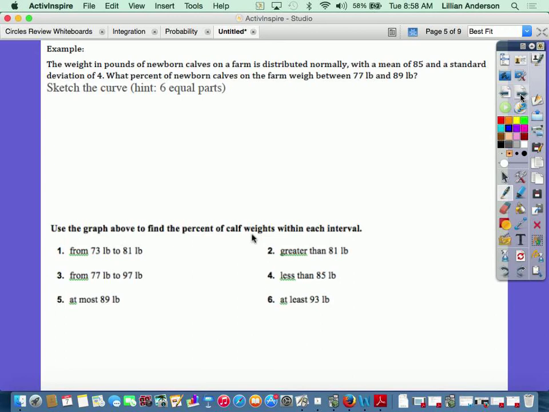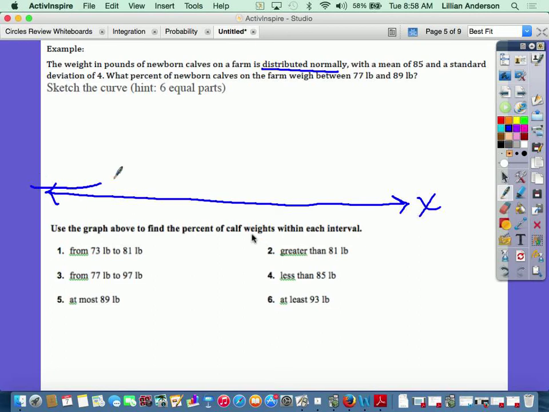Because this information is normally distributed, we know it's going to be a bell curve, okay? So we have our horizontal line, which represents our x. This is where the pounds are going to be located: 77, 89, 85, and so on. And then we're going to have our bell curve.